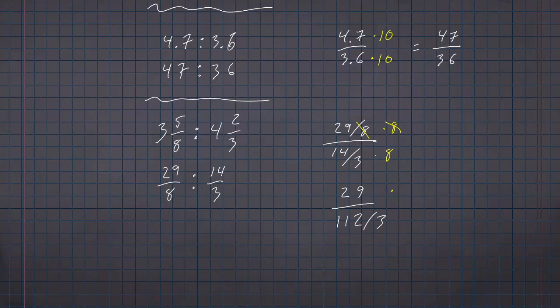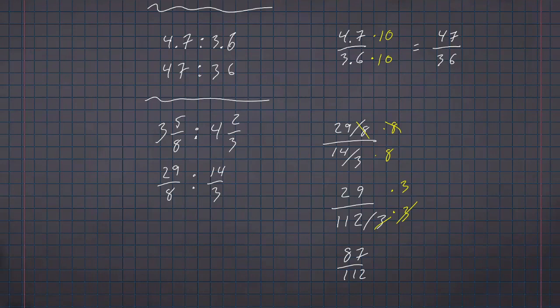But now I can multiply numerator and denominator of the big fraction by 3 to get rid of that denominator. 29 times 3 is 87.